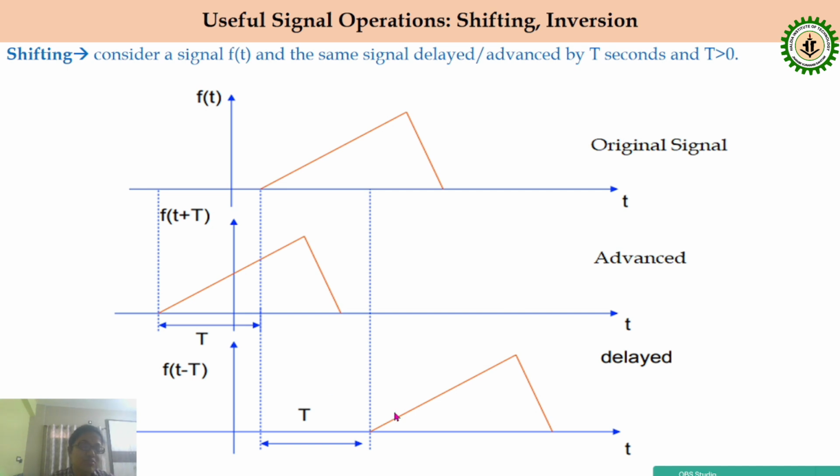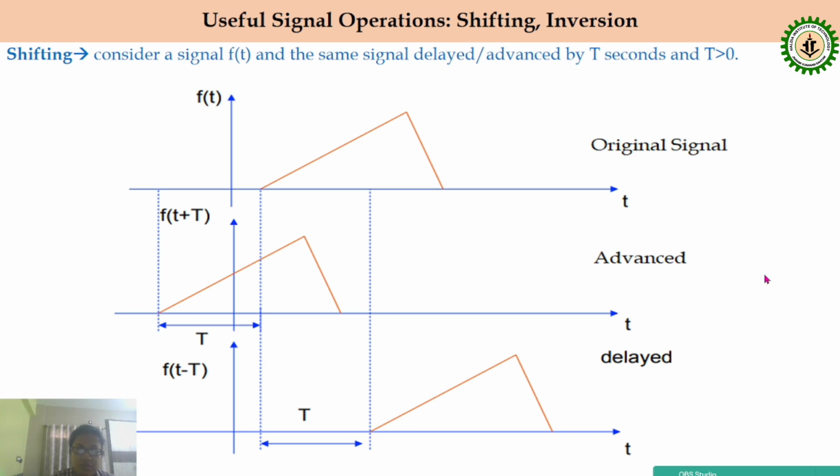When we shift this signal to the right side, it becomes a delayed signal. When we shift the signal to the left side, it becomes the advanced signal. Now this is the operation of time shifting. Basically time shifting, not frequency shifting, because the main independent parameter here is time.